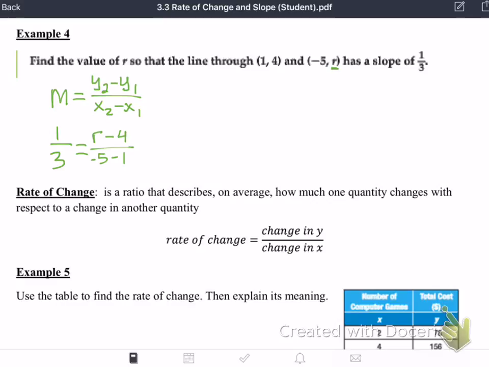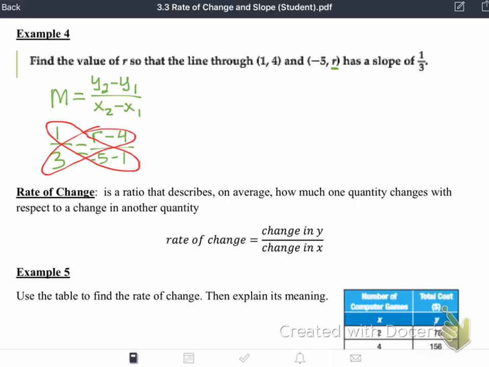And so this is what I have. It's not really a great equation, but what we know from previous chapters is when we're trying to solve for a variable, we can cross multiply.